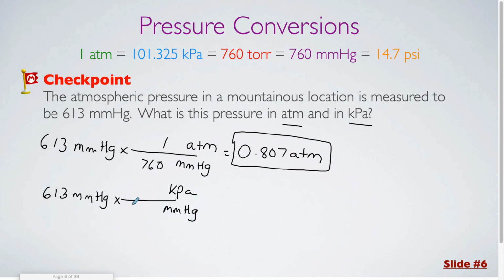Millimeters of mercury is still going to be 760, but this time I have to use a different number for the kPa. So that's going to be 101.325. I'm going to multiply by the top and then divide by the bottom. And I'm going to round for 3 significant figures again because of my starting value. So this comes out to 81.7 kPa.